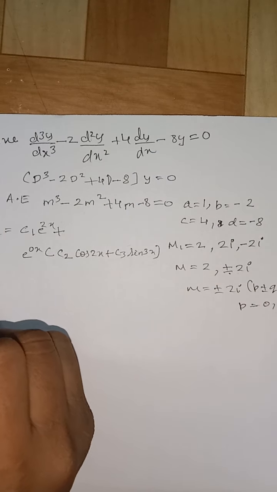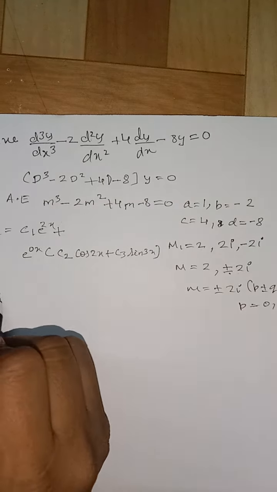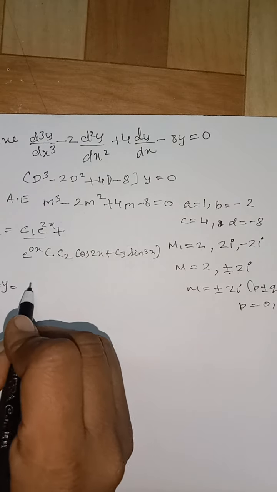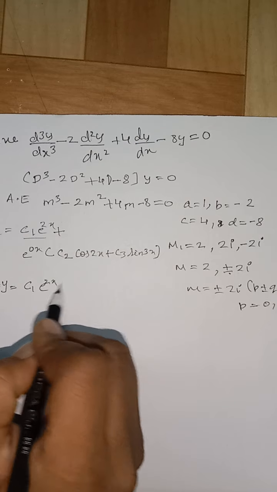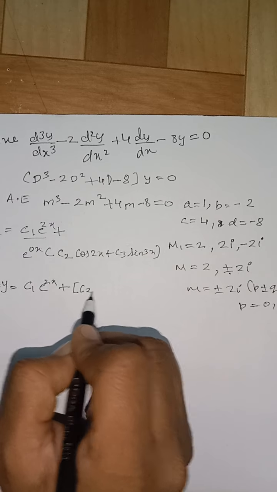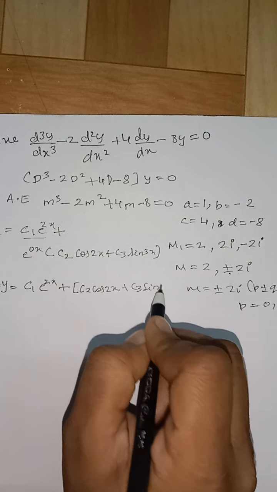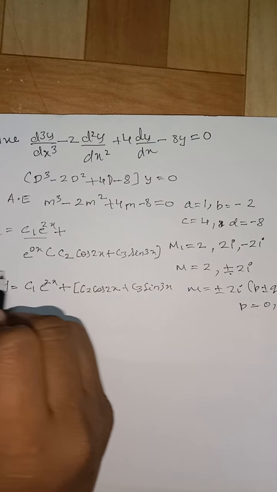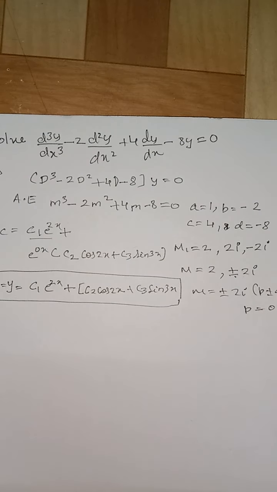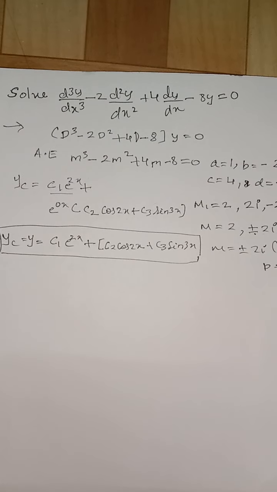Hence, as e raised to 0 is 1, the complementary function, or I can write it as the solution y is given as the first term c1 e raised to 2x plus, e raised to 0 is 1, so what you are going to remain with is c2 cos 2x plus c3 sin 2x. So this is the required answer.